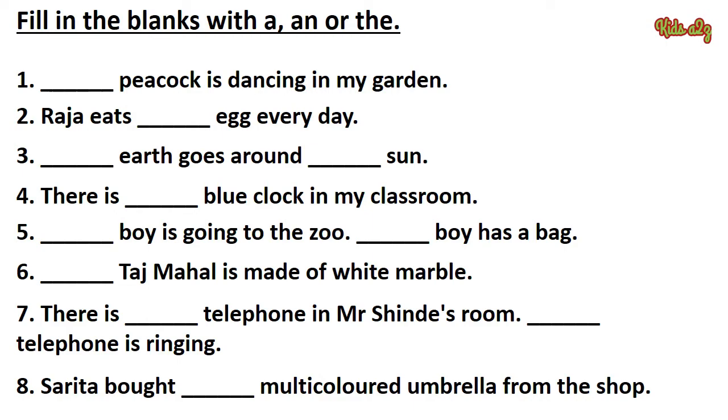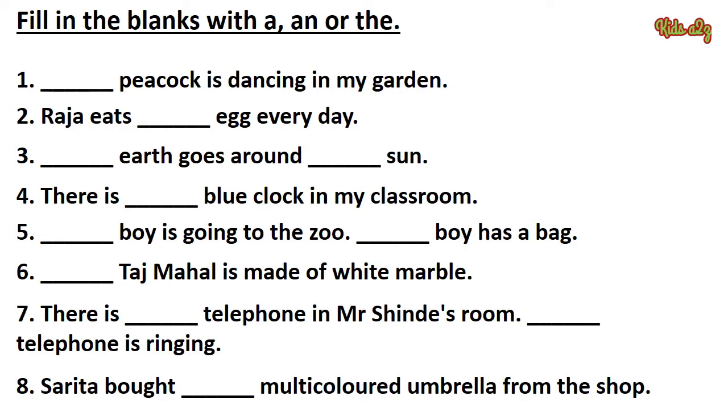Answer is, the earth goes around the sun. Question number 4, there is dash blue clock in my classroom. Answer is a. Question number 5, dash boy is going to the zoo. Dash boy has a bag. For the first blank, the answer is a, and for the second one, the answer is the.